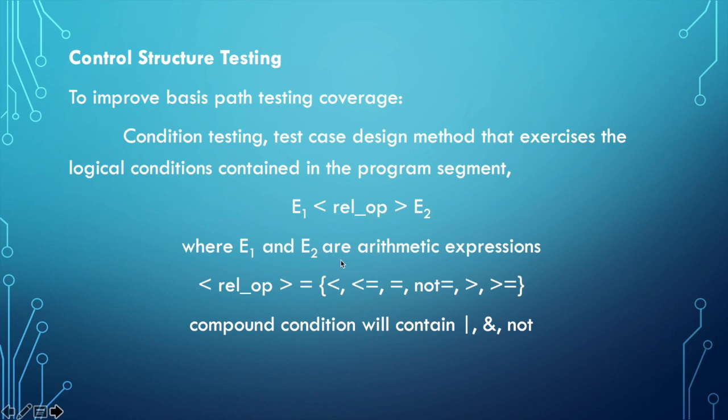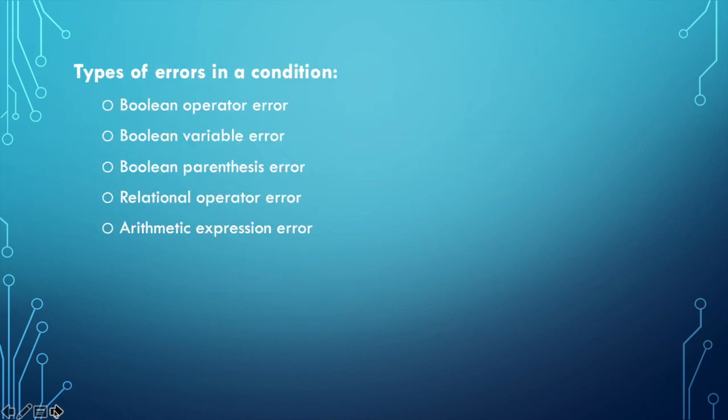So E1 and E2 are arithmetic expressions, and the relational operator is either less than, less than or equal to, equal to, not equal to, greater than, or greater than or equal to. And the compound condition could be or, and, or not. Okay? So what are the test cases that you can try for control structure? Okay.